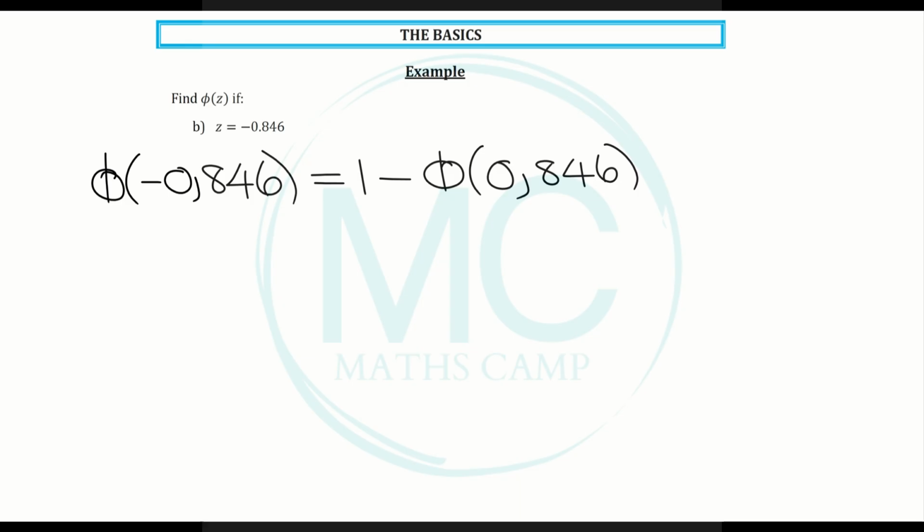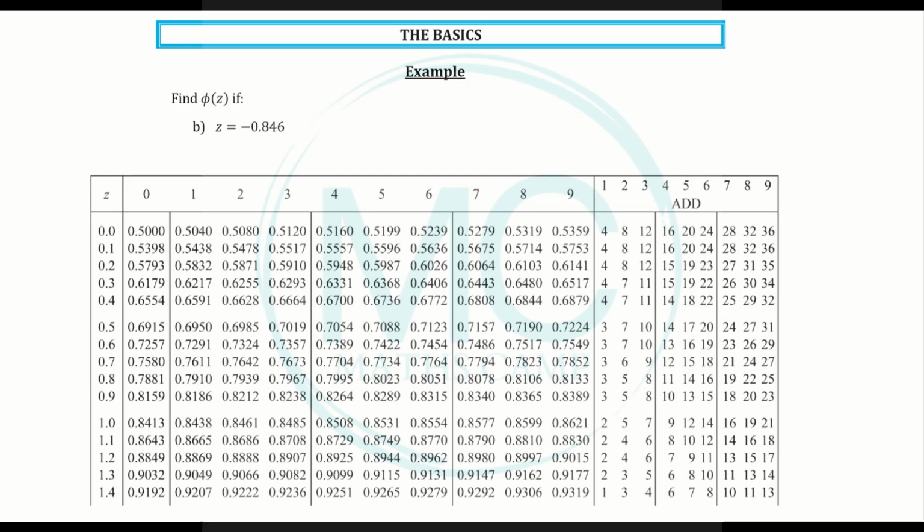Now I can take my table. I have 0,8, so let's start there. 0,84 falls up here, and I get 0,7995. Let's write this over here.